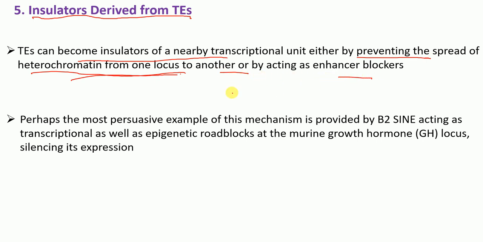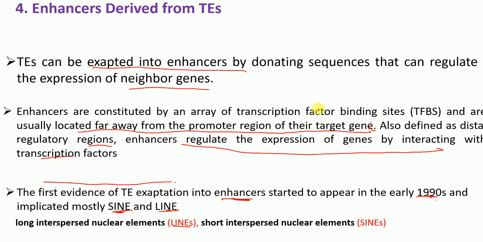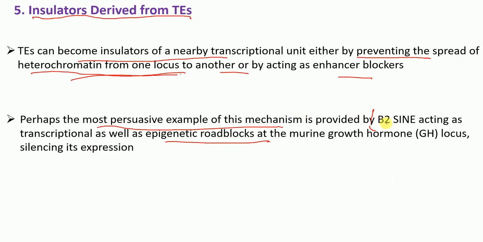Perhaps the most persuasive example of this mechanism is provided by B2 SINE acting as a transcriptional as well as epigenetic roadblock. So this B2 SINE is one example of a transposable element. It acts as a transcriptional as well as epigenetic roadblock at the murine growth hormone locus.